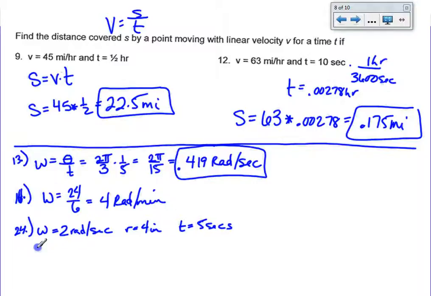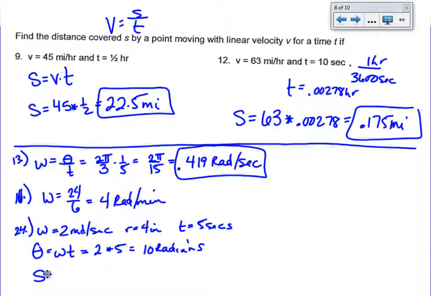So the first thing we need to find is our central angle. So I'm going to rearrange the central angle formula with angular velocity to say theta equals omega times t. So with that, I can do 2 radians per second times the 5 seconds. So it looks like our central angle is 10 radians.